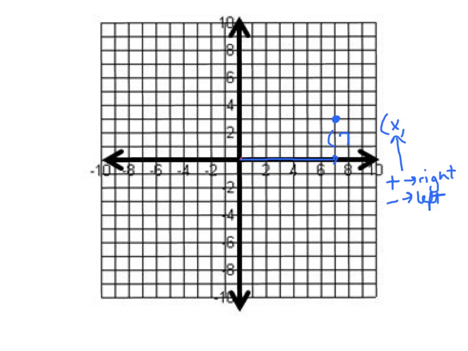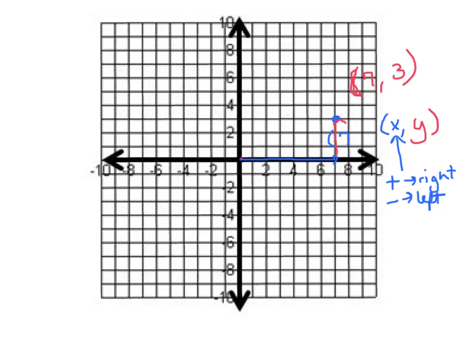My second value is what my y value is. In this case, it's 7, comma, and I would go up 1, 2, 3 spaces. So it would be 7, comma 3.